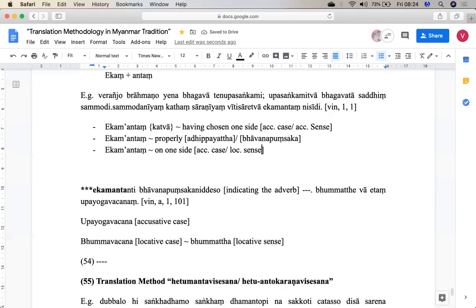Okay, so three ways. The first one, the case itself, accusative case, accusative sense. But after that, the verb kadawa should be understood. So ekan and then kadawa, having chosen one side, accusative case, accusative sense.